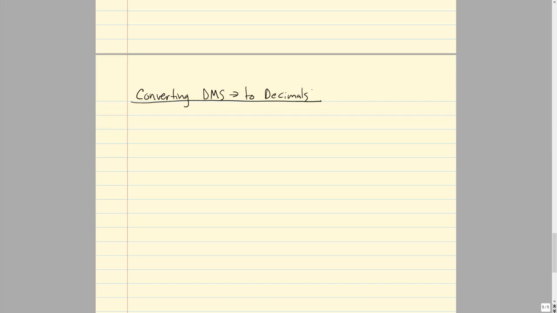So let's convert, let's say, 26 degrees, 8 minutes, and 5 seconds to decimals. The way that this is going to look is 26 plus 8 minutes, but that's 8/60th of a degree. Then next we'll have 5 seconds, and we're converting everything to degrees here, so I need to remember that that's 5/3600ths of a degree.